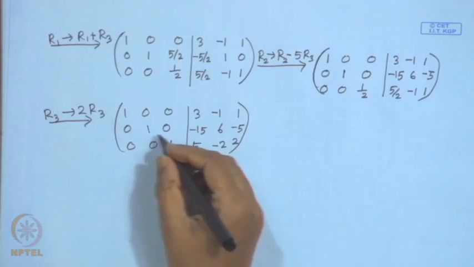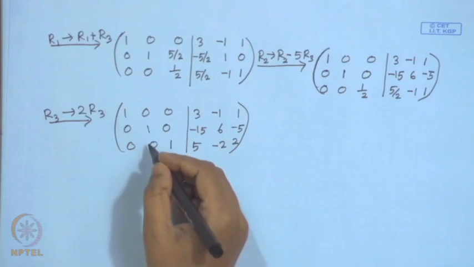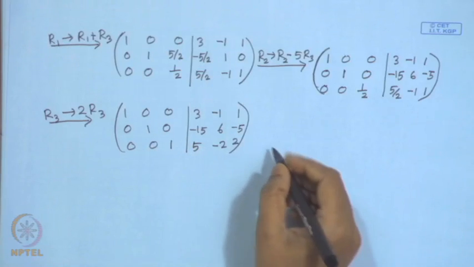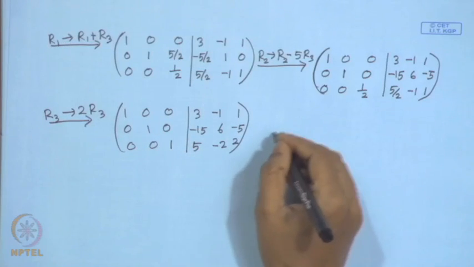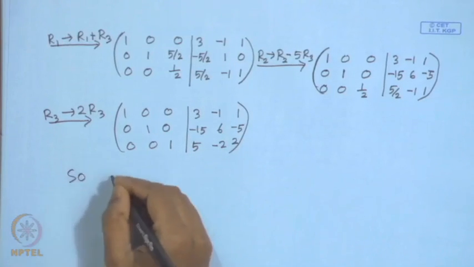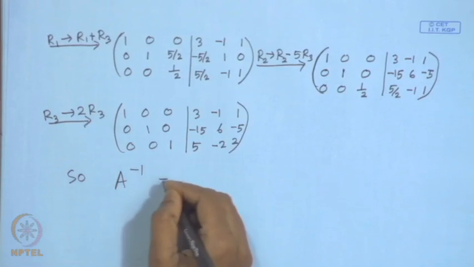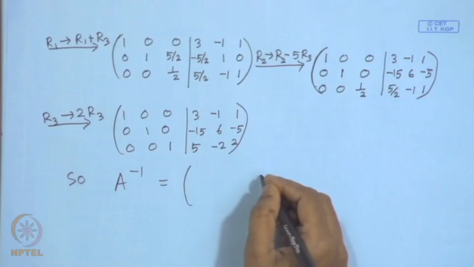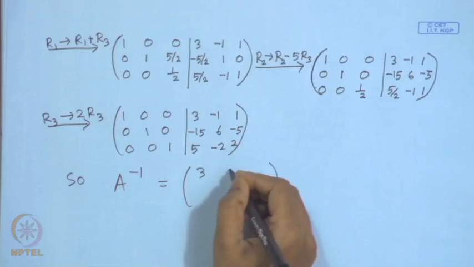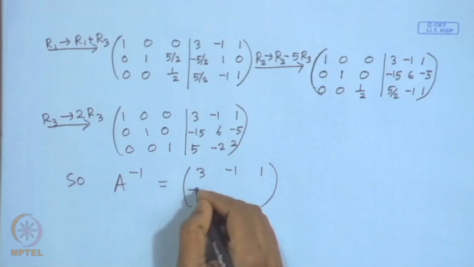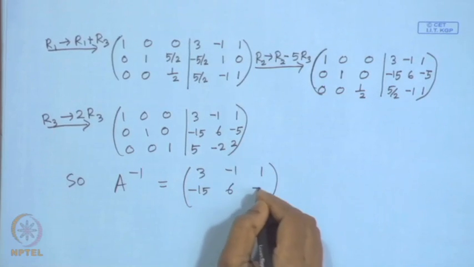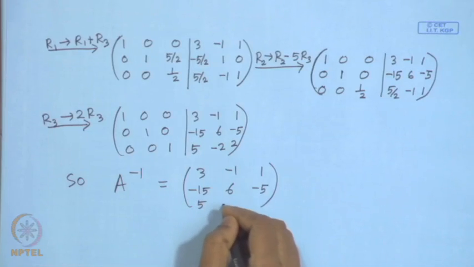So, this is the required form that the first 3 columns form the identity matrix. So, A inverse is this matrix: 3 minus 1 1, minus 15 6 minus 5, 5 minus 2 2.